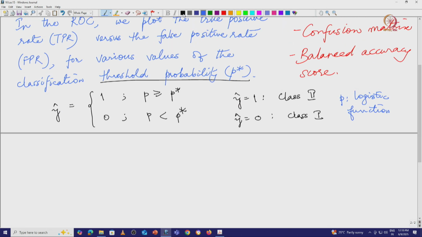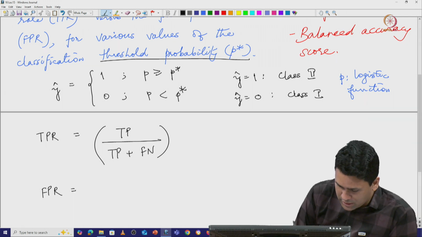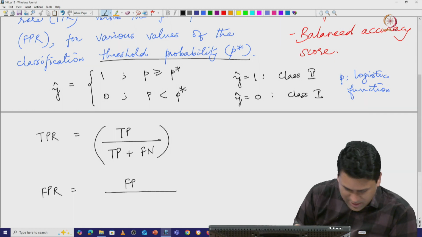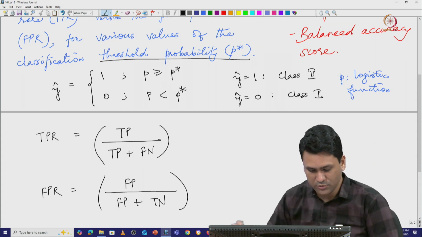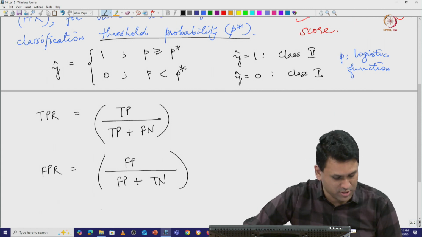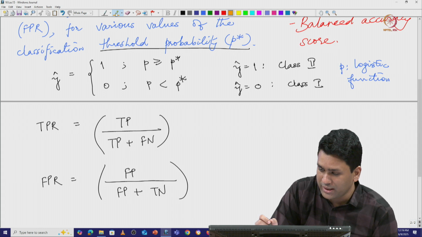Okay. So just to refresh your memory, the true positive rate TPR is equal to the true positives divided by the true positives plus the false negatives, right, things that were wrongly classified as negative, and the false positive rate is equal to the false positives divided by false positives plus the true negatives. Okay. So this is the false positive rate. Now what will happen as we vary this threshold probability, right.